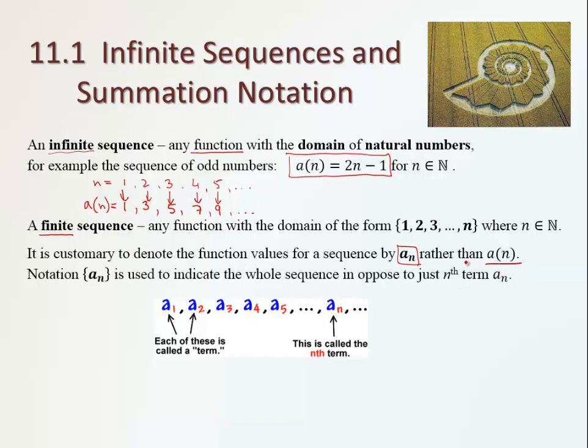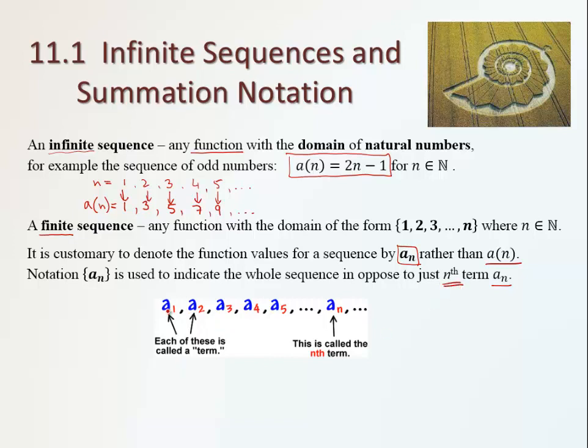And also, to indicate the whole infinite sequence, we may want to use the notation a_n in braces. The braces here are very similar to the set notation, however they carry a little bit more information because this doesn't only indicate the values of the function a, but that those values are ordered. So if we write a_n in braces, that denotes the whole sequence, that means, for example, infinitely many terms, as opposed to listing just a_n, which represents only the nth term.